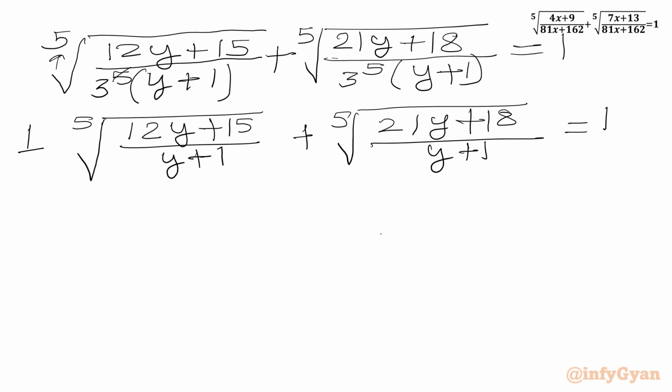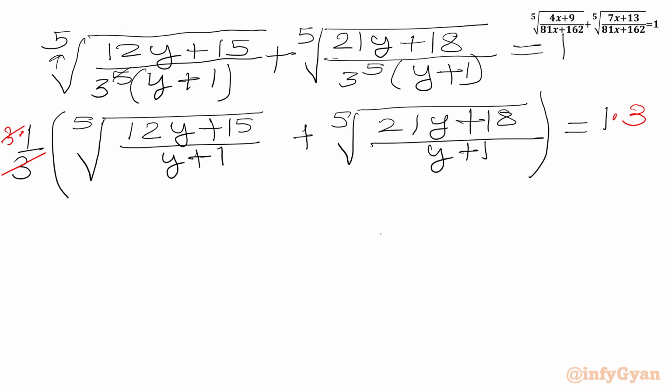And here we can write 1 over 3. Now we will be multiplying both sides by 3. So 3 times 1, and here also we will write 1 times 3. This 3 and denominator 3 will be cancelled out.